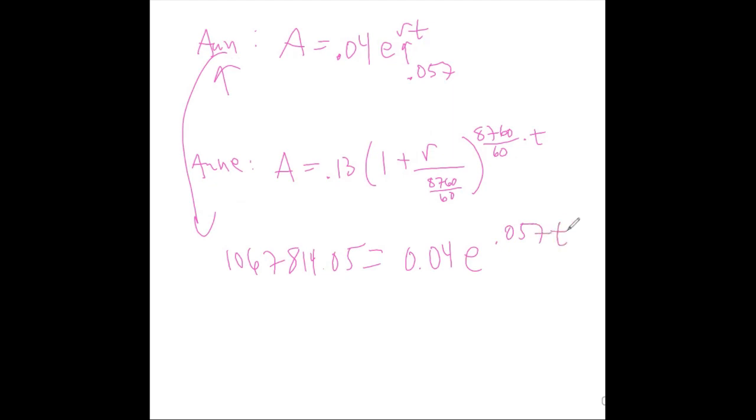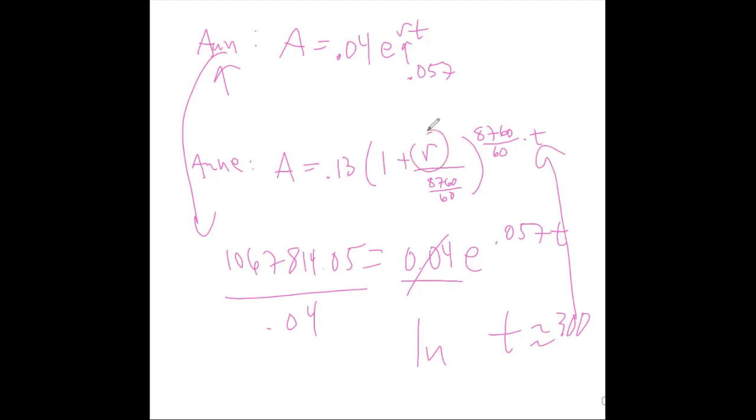We can easily solve this equation with natural logarithms. First, divide both sides by 0.04. Then use natural log. Do all that. I want you to tell me what time is. So for time, I got 300. And that's the time that we want to use for this person there. And then we can solve for R. And we know what Anne's final amount is going to be.